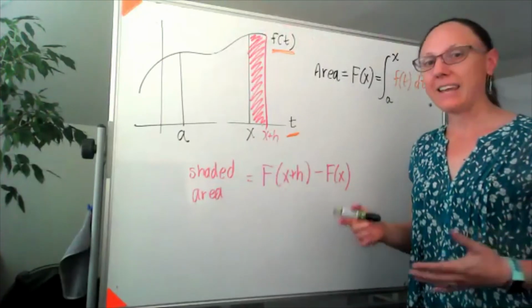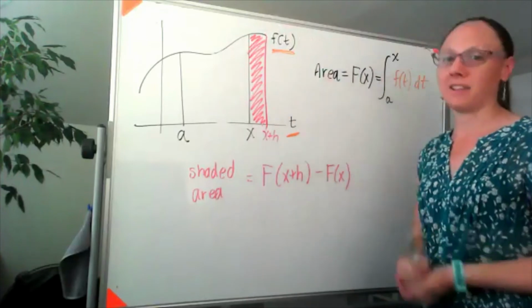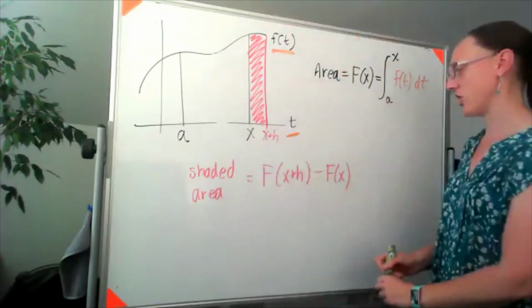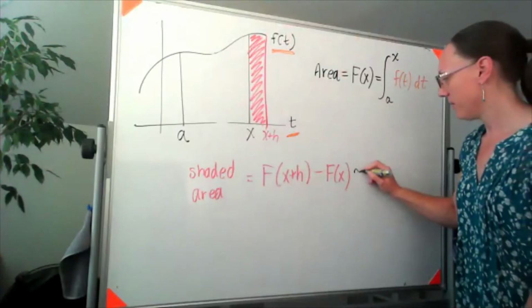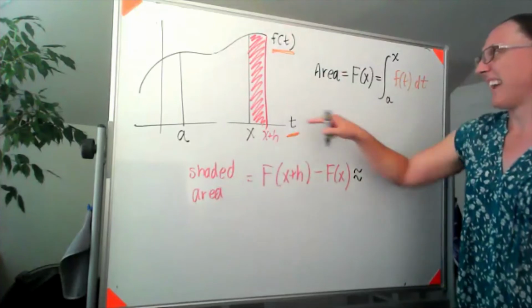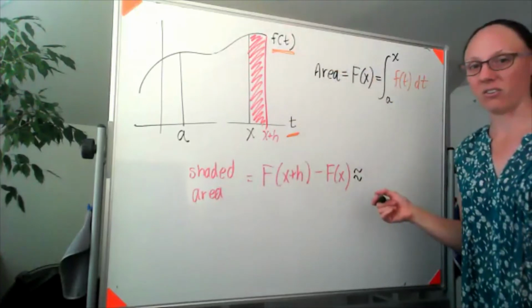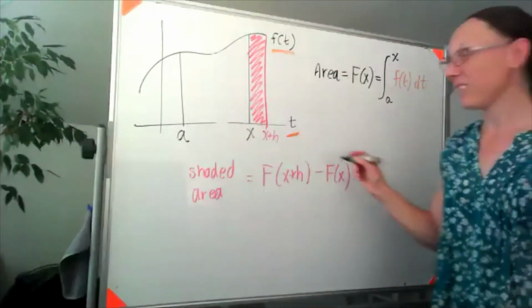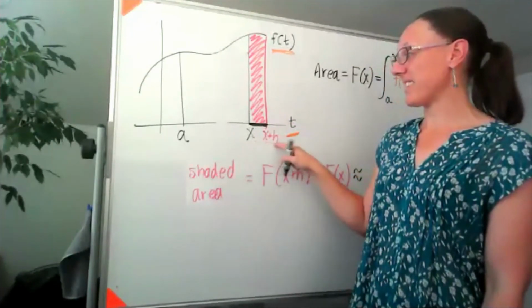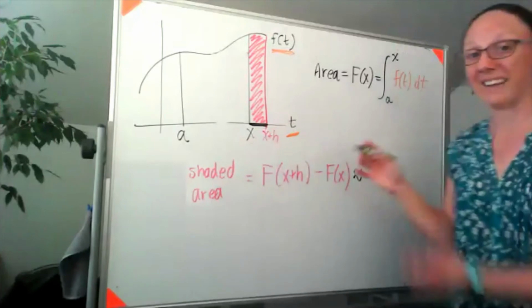But if we just approximated that shaded area, then we could say that's approximately the same as pretending it's a rectangle, where the base is the distance from x plus h back to x.